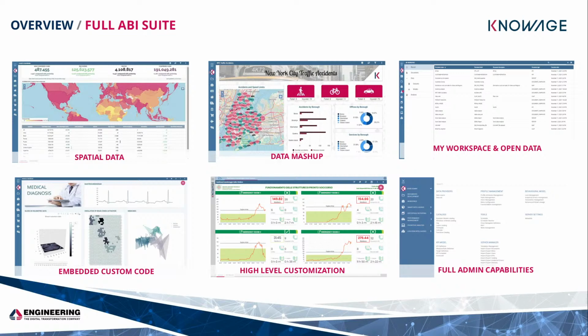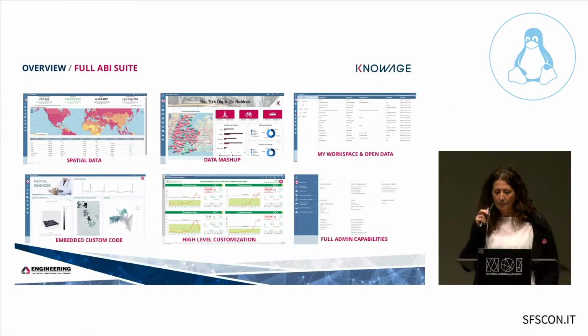And then you can also embed into Knowage some pieces of code you want. If you are practiced with Python, with HTML or with other custom chart libraries, the one you prefer, you can embed your own into the product in a well-managed environment.